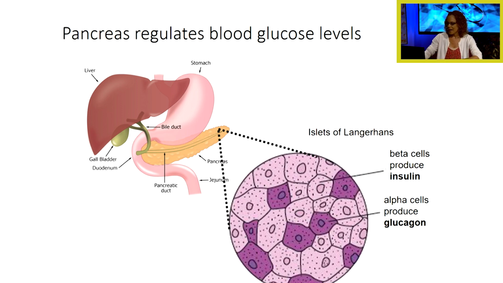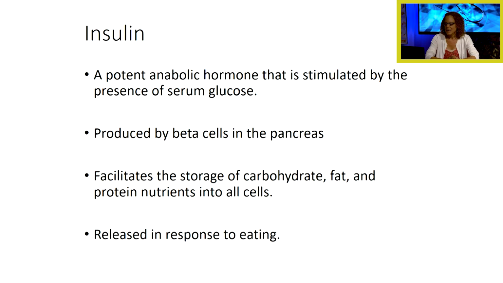All right? And so insulin is a potent anabolic hormone. Anabolic means to build up. That is stimulated by the presence of serum glucose, or sugar.